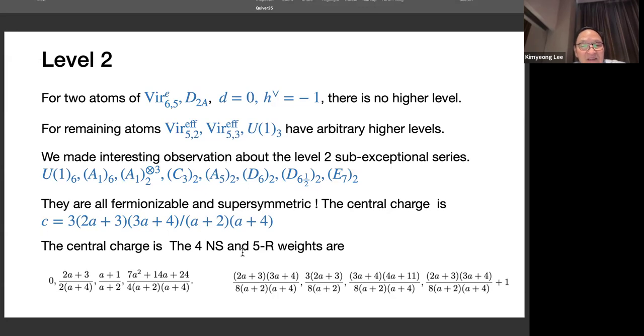R-NS characters, and the NS or NSR is the same, and here are the primary operators with vacuum characters and 3 non-trivial operators. Now, R-NS characters, you can see 4 non-trivial plus 1 constant. Constant means this is the RR character in some sense.